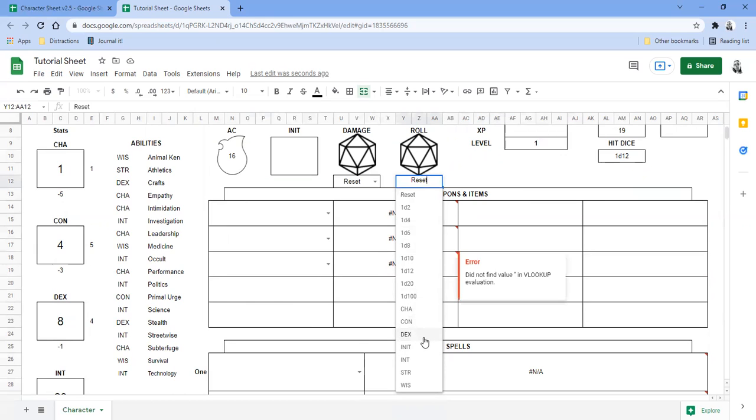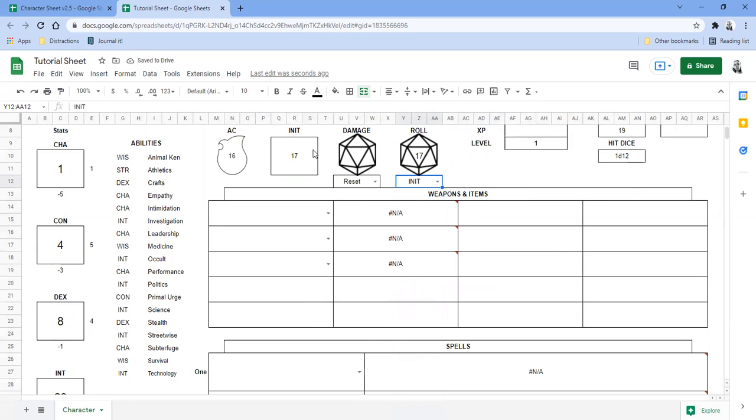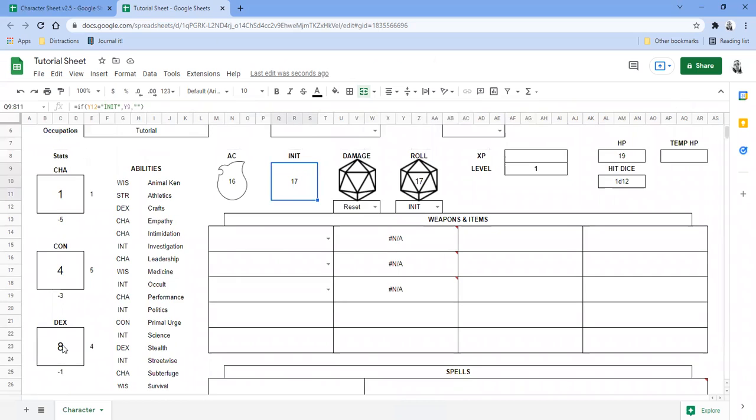So for initiative, you get a 17, and it shows up in this box to let you know that was your score. So 17 took a random number between 1 and 20, added this and this. Don't ask me what that was. Reset.